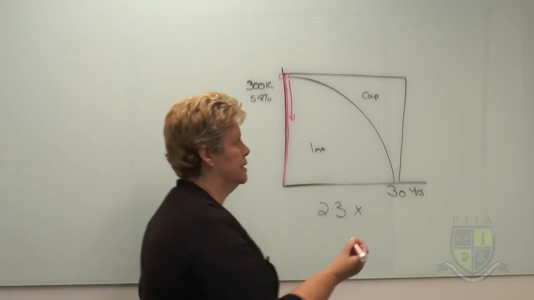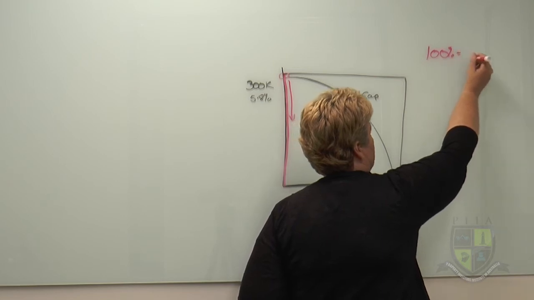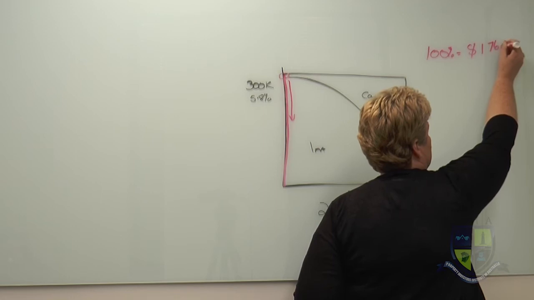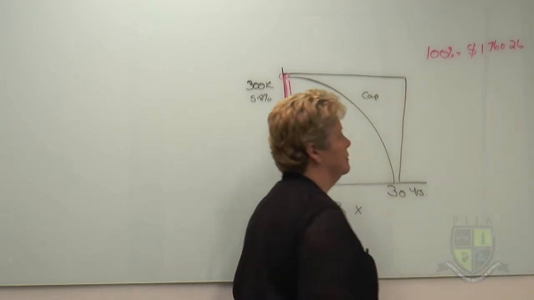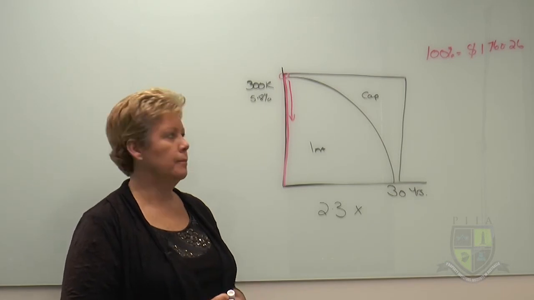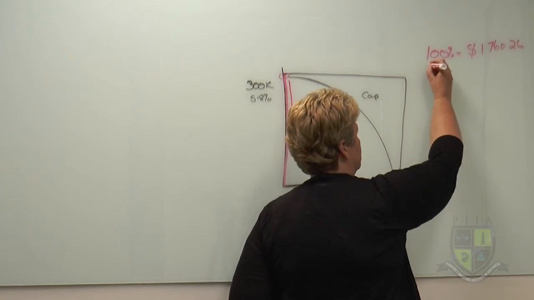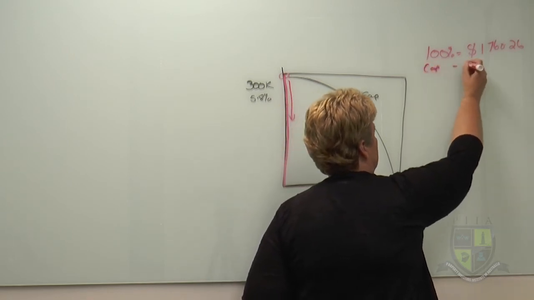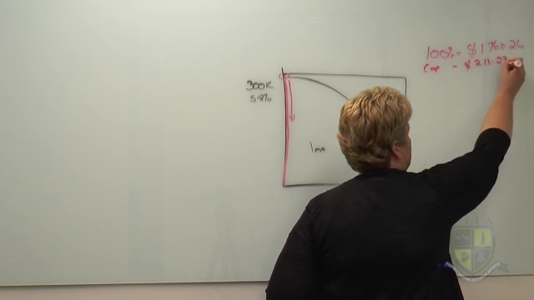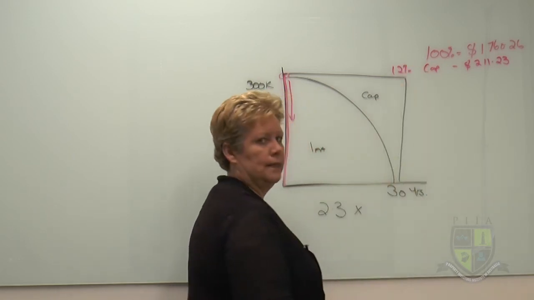So when we start out, if we look at our payment, 100% of our loan repayment would be $1,760.26. That's what our full 100% payment would be. But that's broken up into two components, interest and capital. The capital component is a total of $211.23, and that is 12% of what I'm paying back to the lender.